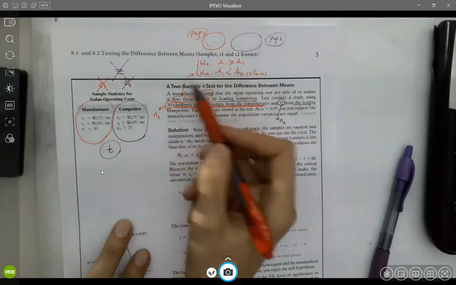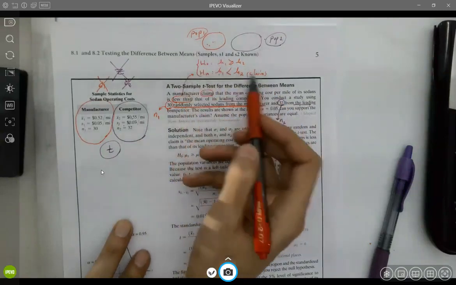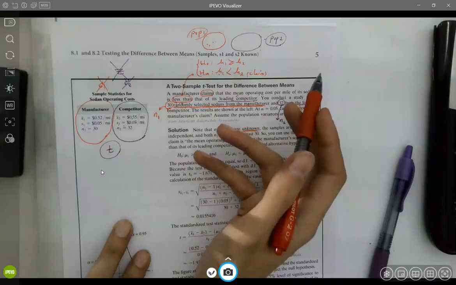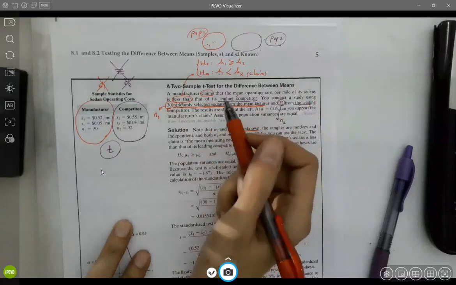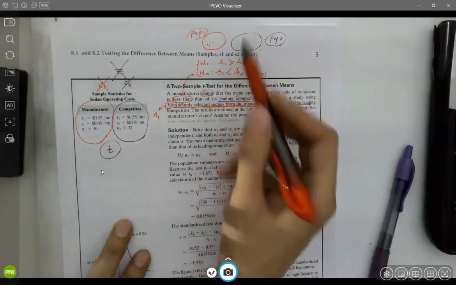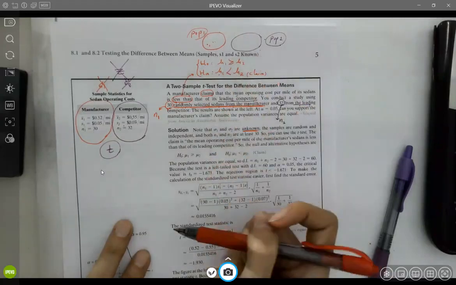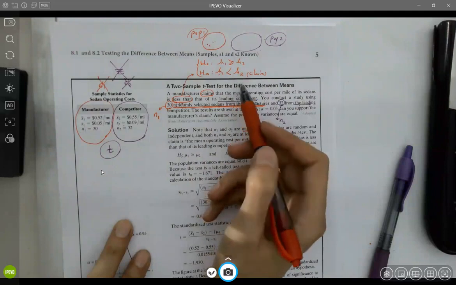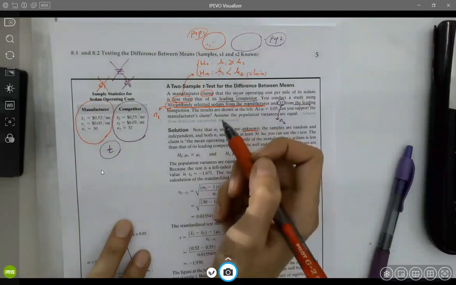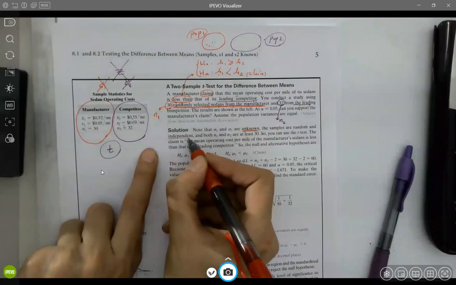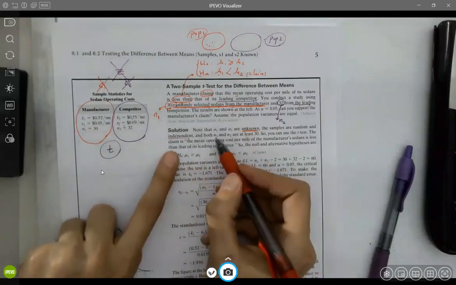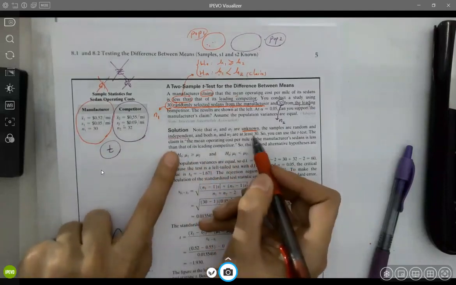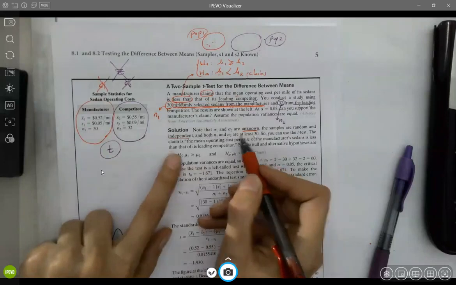Like taking a sample from Toyota and taking a sample from Honda. Two different sets of samples, and they are independent. And both N1 and N2 are greater than or equal to 30.